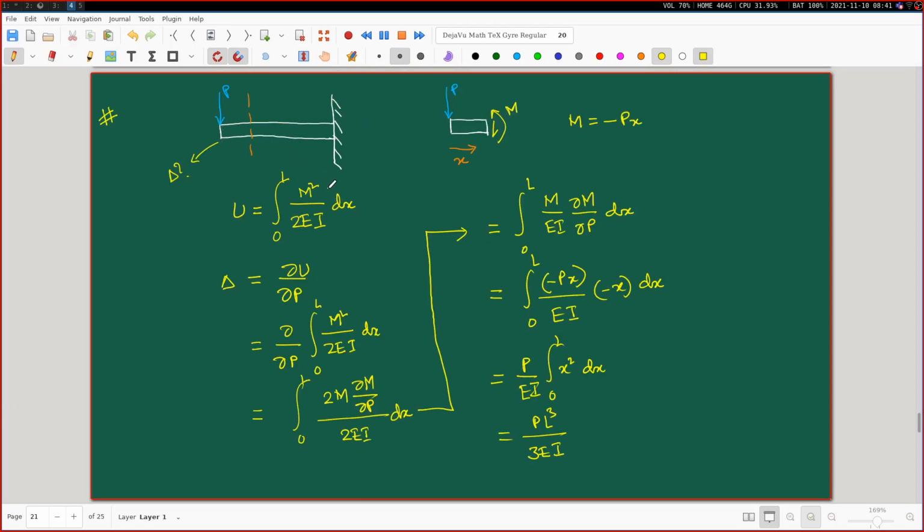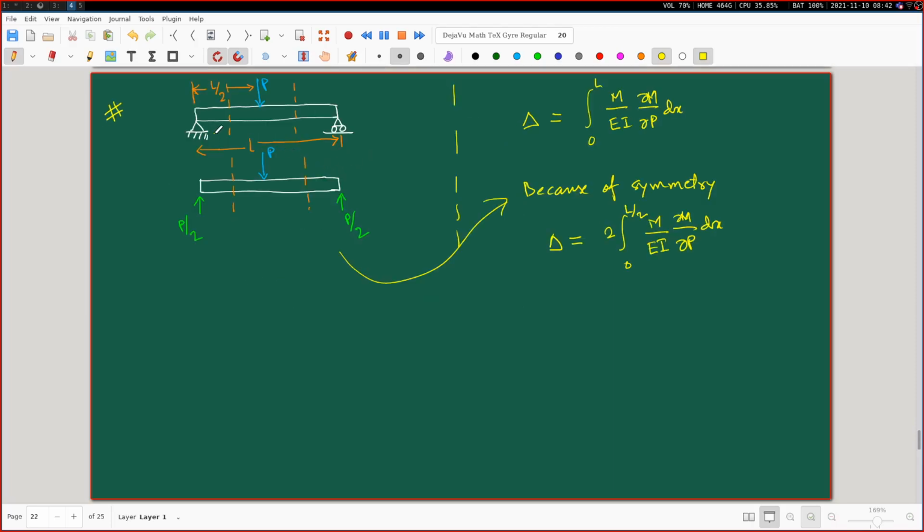This is a statically determinate problem, so you can find all the reaction forces and moments. Next, this is a simply supported beam, very much a statically determinate structure. You can find all the reaction forces just by using the equations of statics which you learned in your first year basic engineering mechanics.